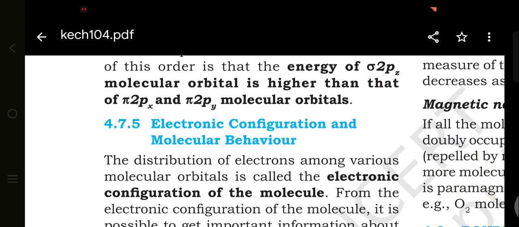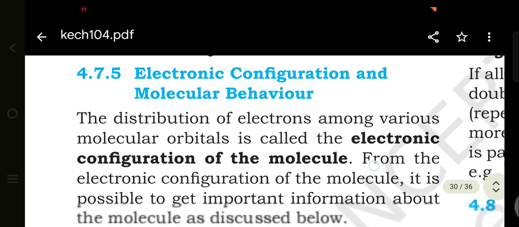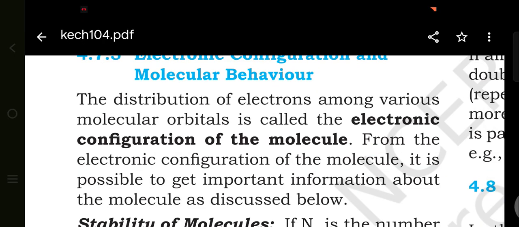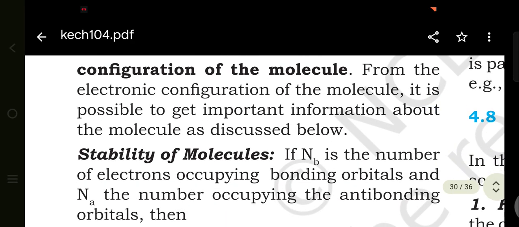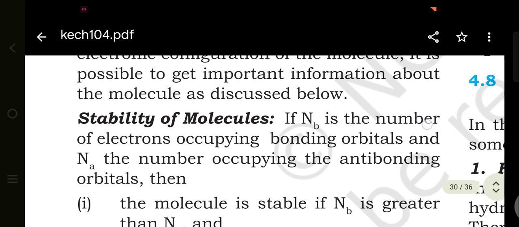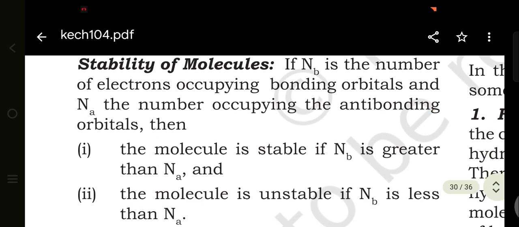Electronic configuration and molecular behavior. The distribution of electrons among various molecular orbitals is called the electronic configuration of the molecule. From the electronic configuration of the molecule, it is possible to get important information about the molecule as discussed below. Stability of molecule. If Nb is the number of electrons occupying bonding orbitals and Na is the number occupying the antibonding orbitals, then the molecule is stable if Nb is greater than Na.